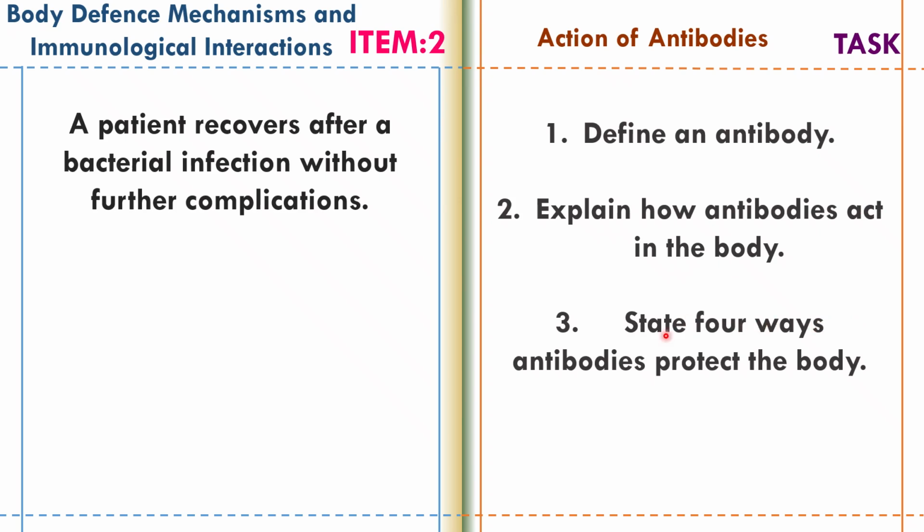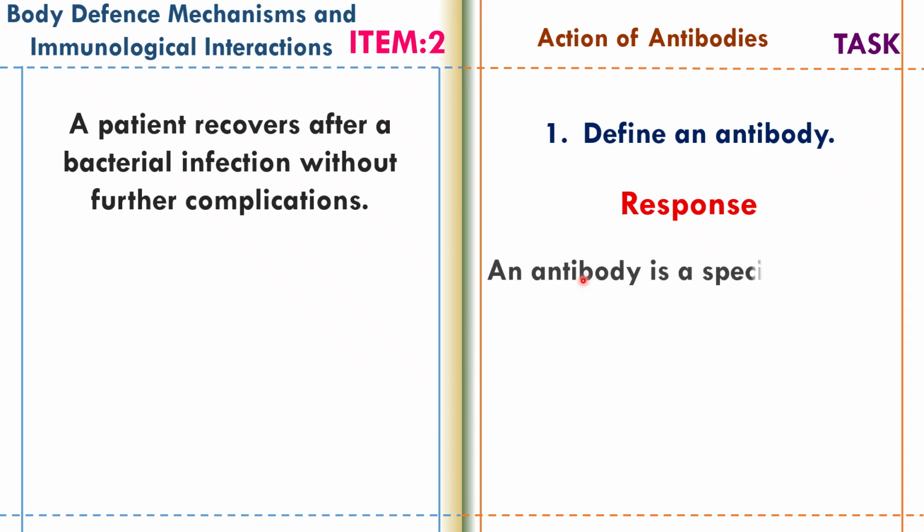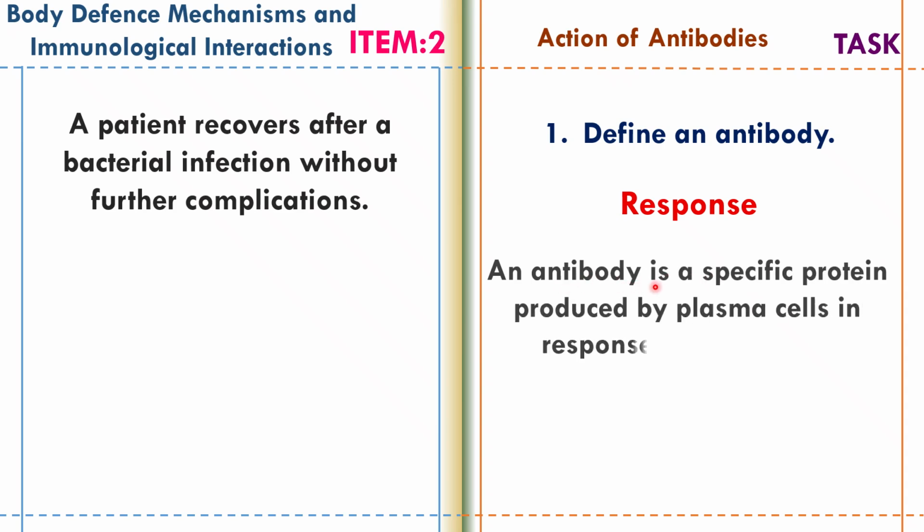State 4 ways antibodies protect the body. Define an antibody. An antibody is a specific protein produced by plasma cells in response to an antigen.